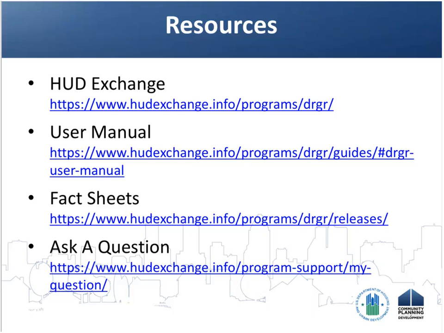You also want to know that if you want more information on flags and the criteria that trigger flags, there are fact sheets on flags specifically, and you can go to those fact sheets and get more information about the criteria that's going to be triggering these flags. On the HUD Exchange, you can also submit your Ask a Questions.